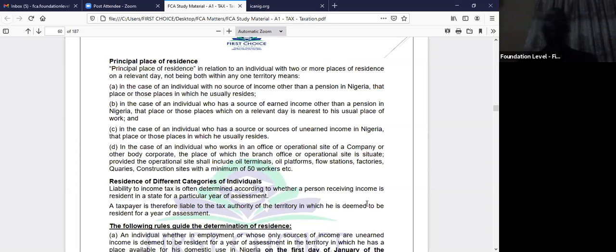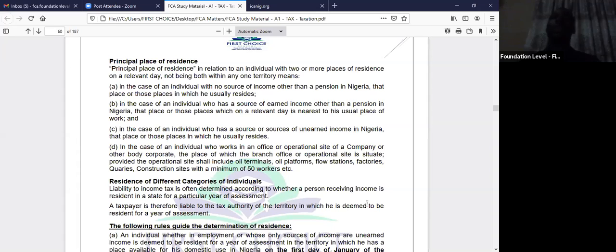Now, if you are an individual who works in an operational site of a company or any other body corporate, the place of which the branch office or operational site is situated is your principal place of residence.